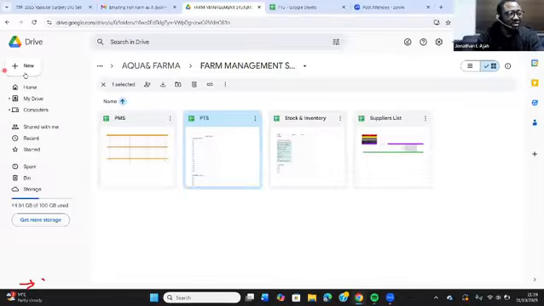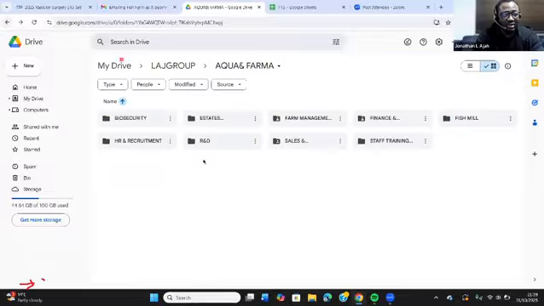We'll go a bit back to look at some other data that we collect. We collect other data, but in terms of the management of the farm, that's that. While we are here, there are a lot of resources that are accessible to all of our staff.